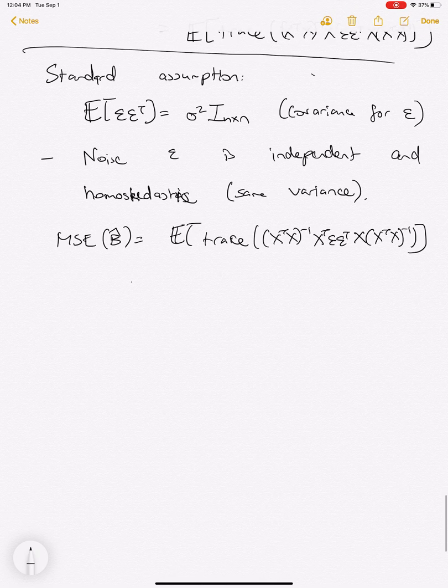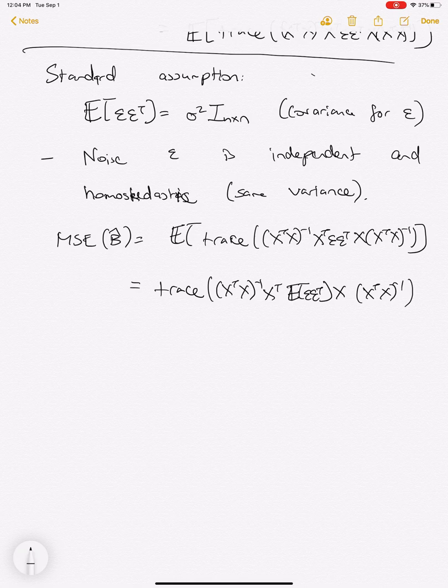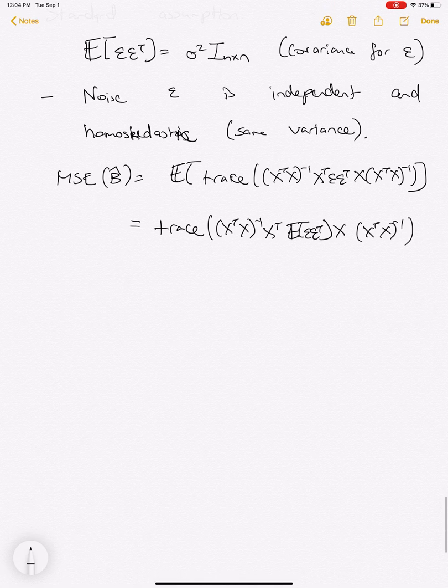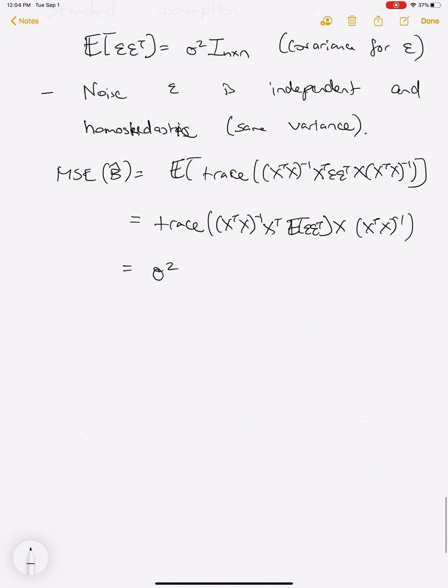Okay, and because expectation and trace are both linear operators, we can take the expectation inside, and all of these X's are just constants. So I'm using a lot of linearity and properties of linear algebra here, and because this is sigma squared times the identity, we get something that works out really nicely.